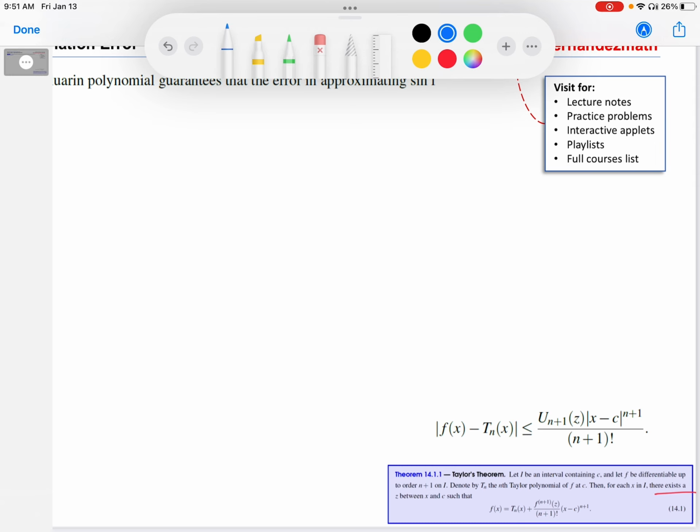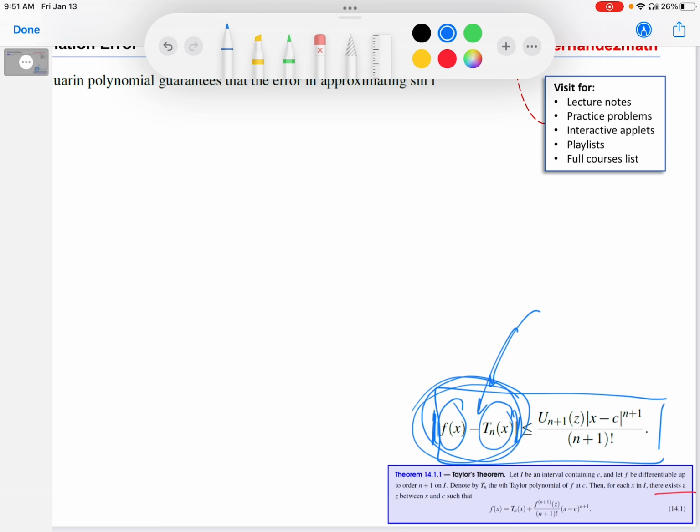Okay, so if I had to summarize what I just said in perhaps the simplest way possible, this inequality, on the left-hand side, you have the absolute value of the difference between the value of the function and the value of the Taylor polynomial, right? So this is like the difference in the actual number minus your approximation. So you can think of the left-hand side as the absolute value of the error in approximating f of x by T sub n of x.